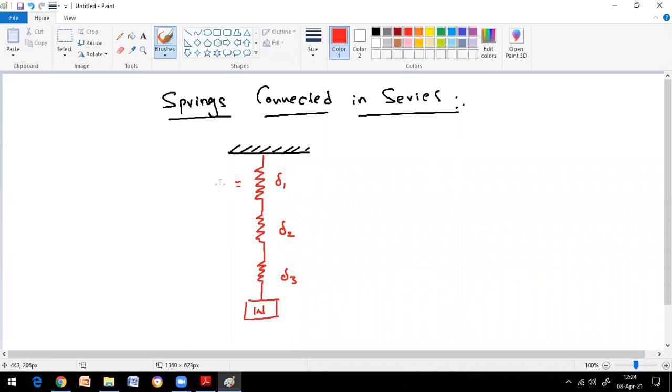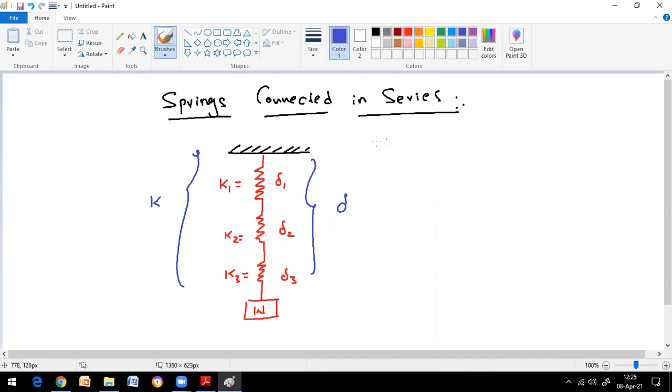And what happens to the stiffness? Stiffness of the first spring is K1, of the second spring is K2, and of the third spring is K3. K1, K2, K3 are the stiffness of the individual spring components, and K will be the stiffness of the composite springs. I can consider K as the overall stiffness of the unit, and delta as the overall deflection of the whole unit.